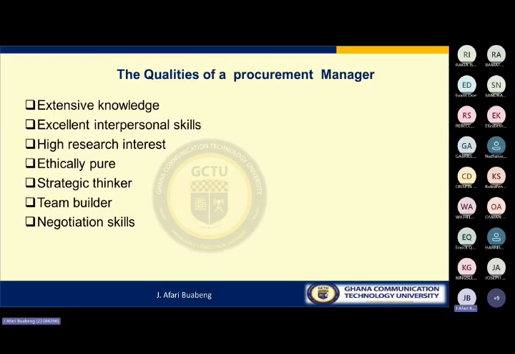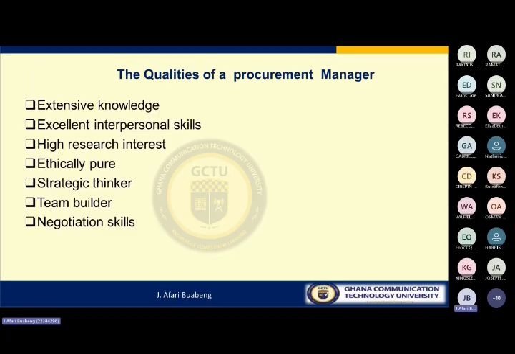And these units is what we term as what? The internal stakeholders. They are within the organization. And then we also have external stakeholders. The external stakeholders could be the suppliers, the contractors, the consultants. They are outside of the organization, the purchasing organization. So we need to have that skill.